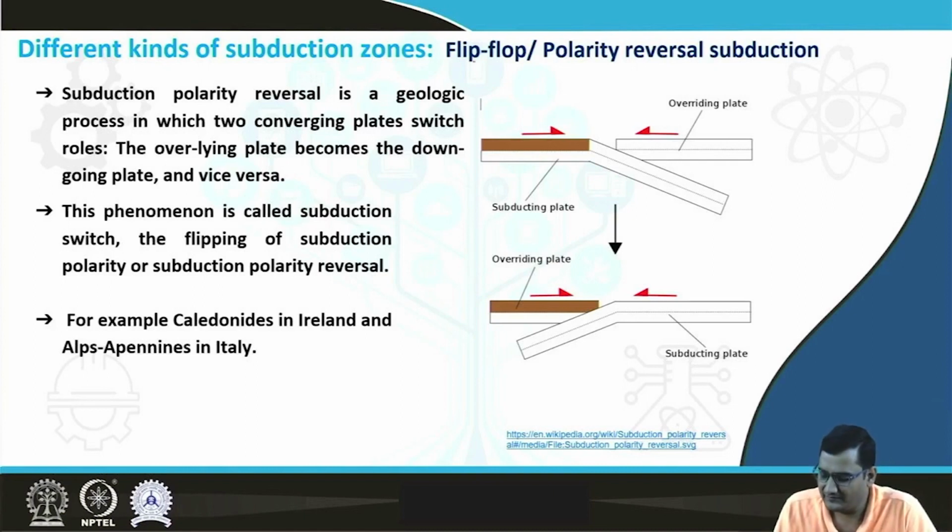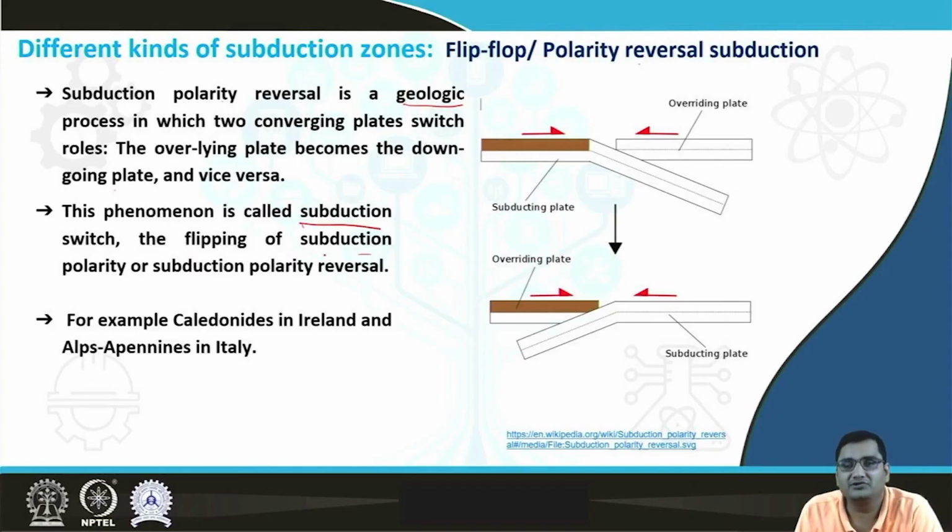This is known as flip-flop or polarity reversal subduction, and it is explained as follows: subduction polarity reversal is a geologic process in which two converging plates switch roles. The overlying plate becomes the downgoing plate and vice versa. This phenomenon is also known as subduction switch, or the flipping of the subduction polarity.